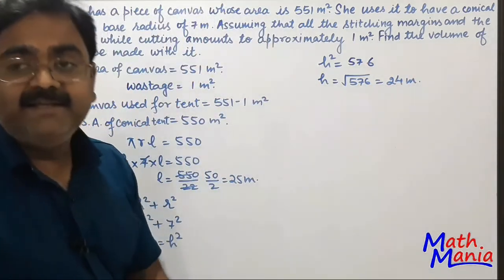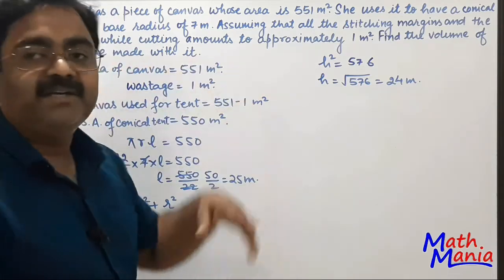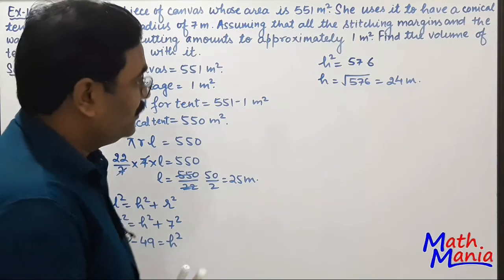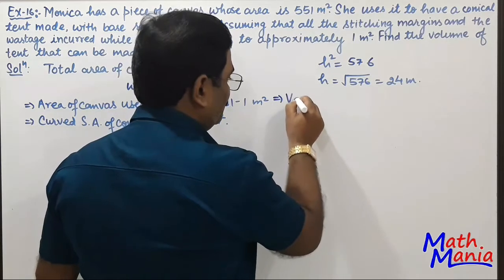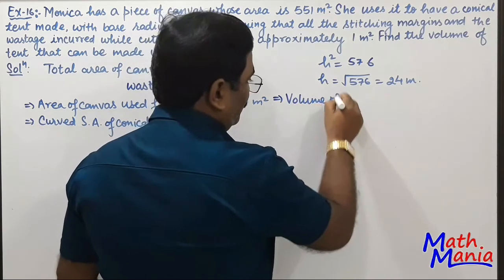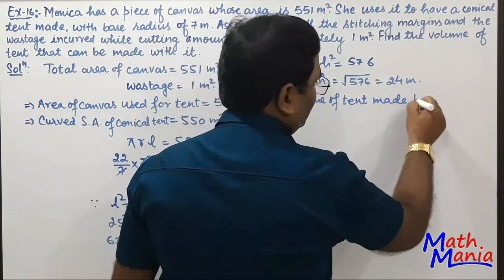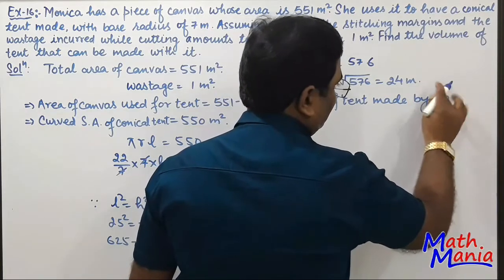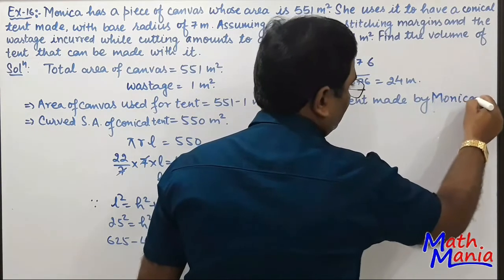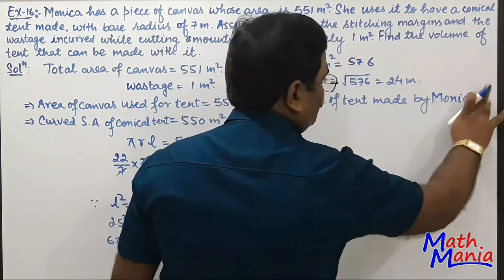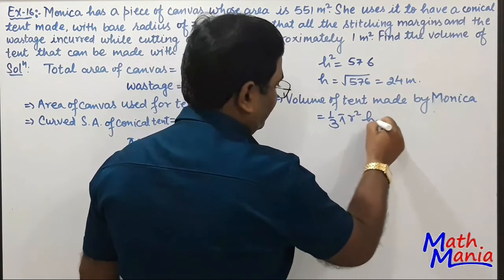After finding its height, we can easily find the volume of the tent. So the volume of the tent made by Monica is equal to 1/3 pi r square h.